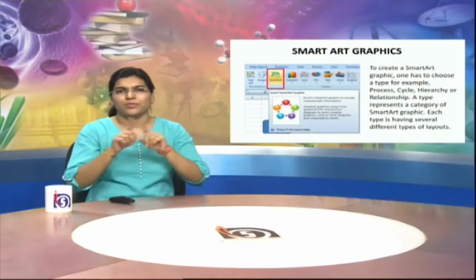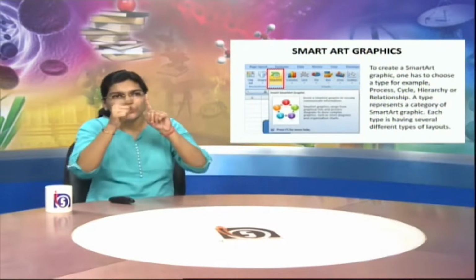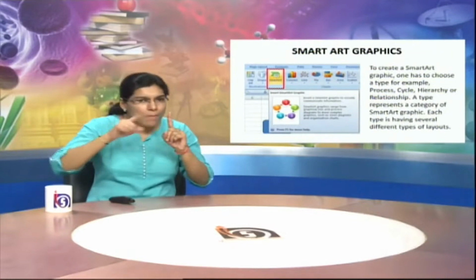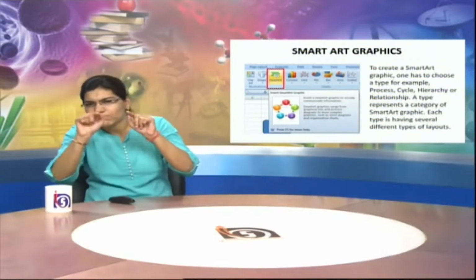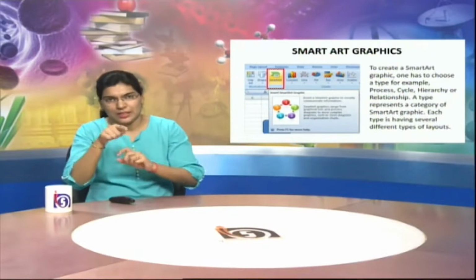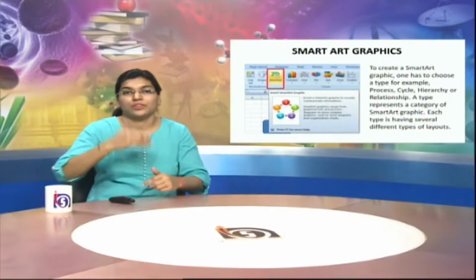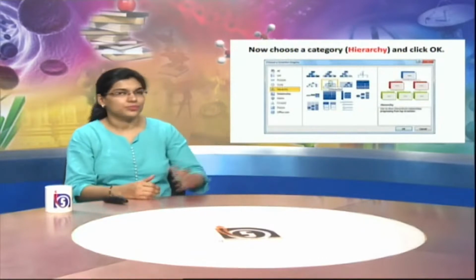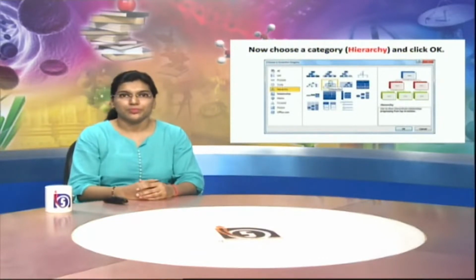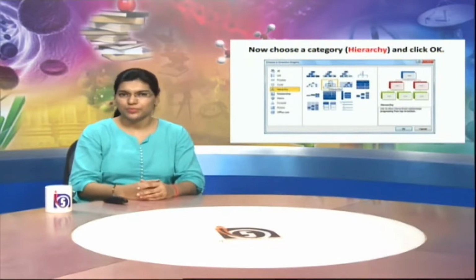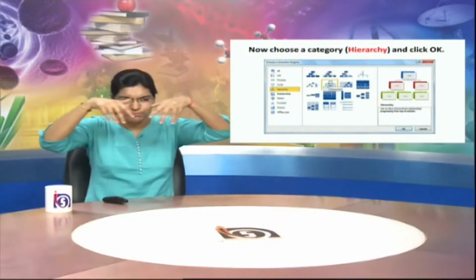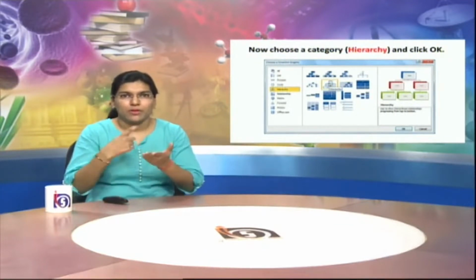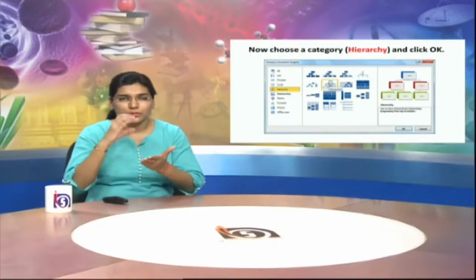Like when you have one family, you have so many people and all are related to each other, grandfather, then father, then children, grandchildren, uncles. Similarly, you can see on the screen, you all know that in a family we have the pictorial representation, and that representation can be shown with the help of hierarchy.